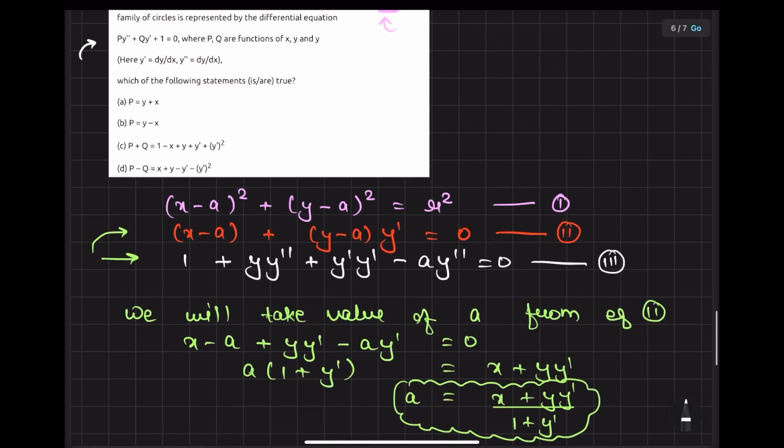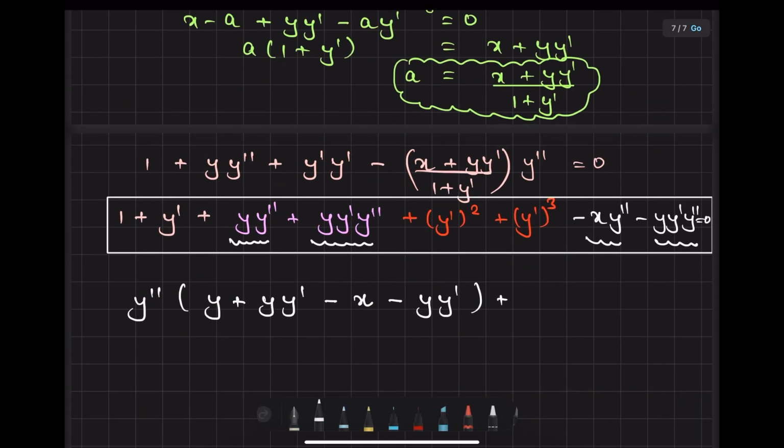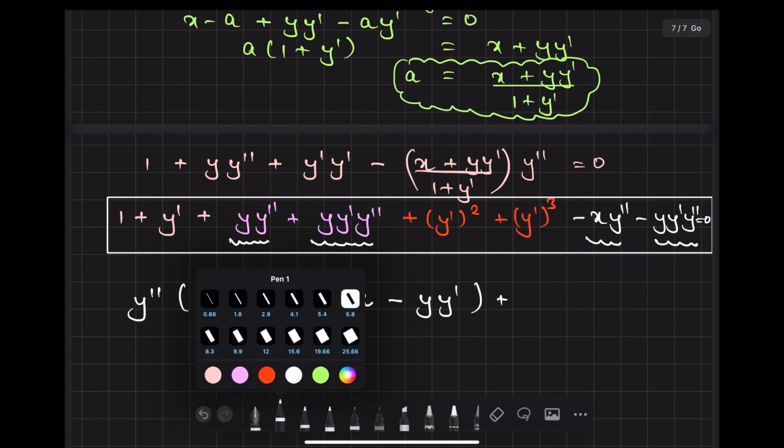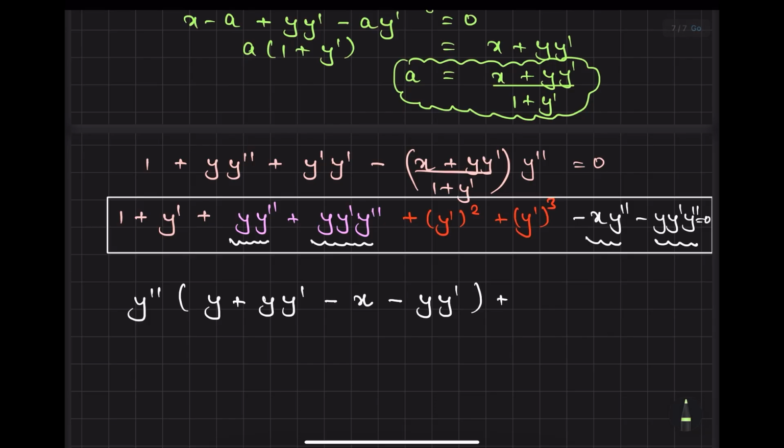Now we have single dash. Now look at here, for single dash we have this, this and this. So I will take y single dash.